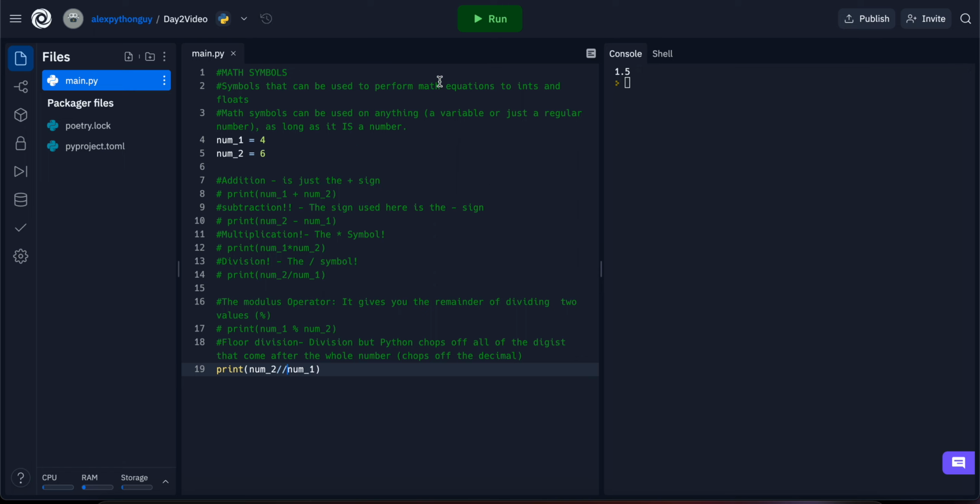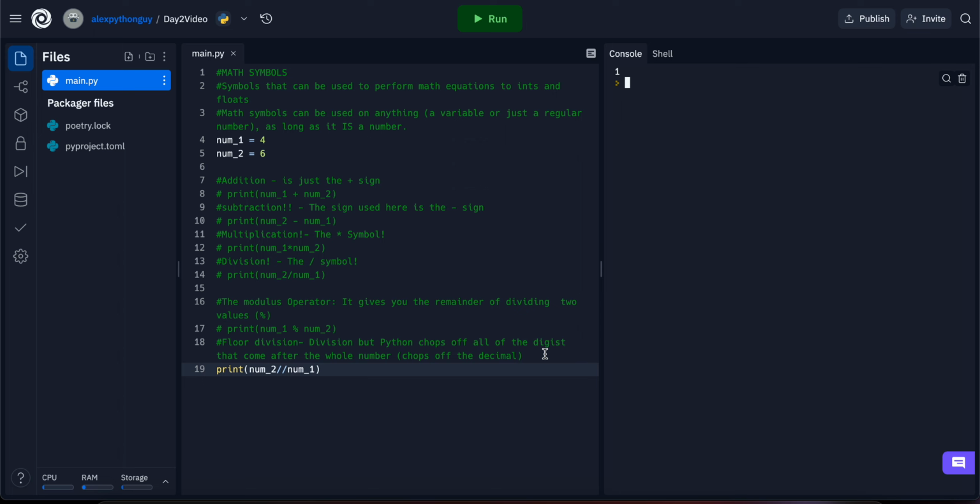Now, the reason we're getting 1 is because Python is taking off the entire decimal, and it's just giving you the first number. Floor division does not round your answer, so it doesn't look at the decimal before chopping it off.